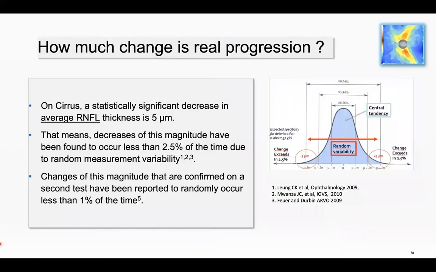On Cirrus OCT, and this is nearly similar in all other OCT devices, if average RNFL decreases 5 microns, it is statistically significant, and it is true progression in 97.5% of the time. Changes of this magnitude that are confirmed on a second test have been reported to randomly occur less than 1% of the time. So it's real progression.